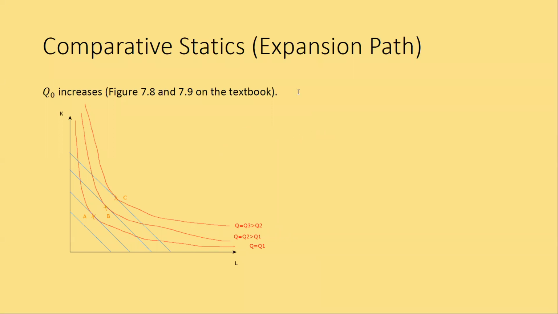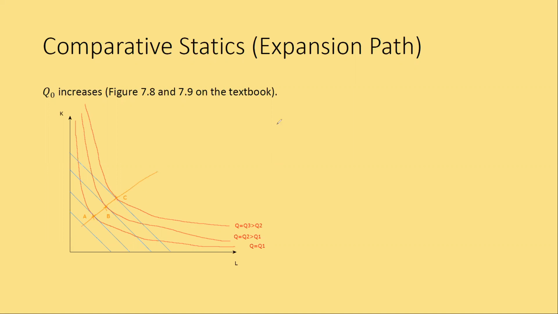So we can see that as the firm increases its target level of output, the optimal input combination moves from point A to point B to point C. And we can draw a line connecting all those points that might look something like this. And if we extend it beyond, it might look something like this.